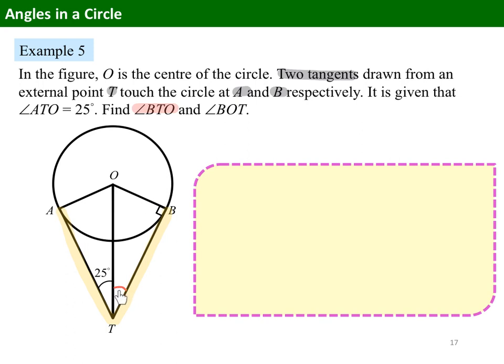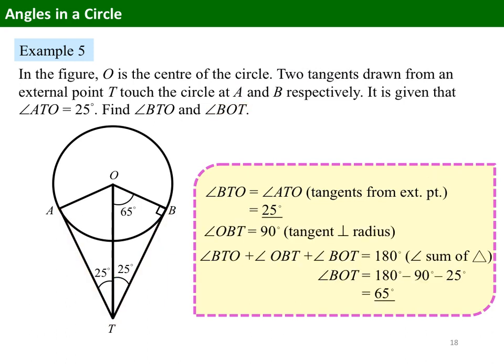Then this angle equals 25 degrees. We can write down like this. And then we move on to find the angle BOT. This angle. Tangent is perpendicular to radius, so we have this angle 90 degrees. By using sum of triangle, we can calculate angle BOT like this.